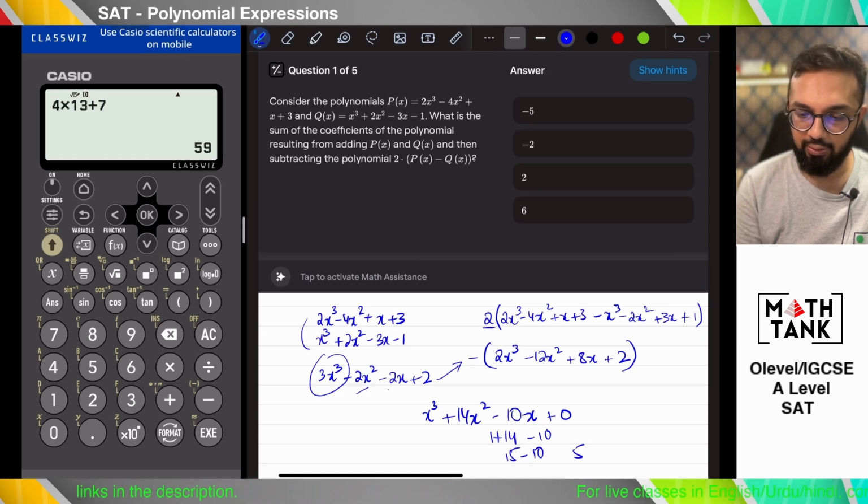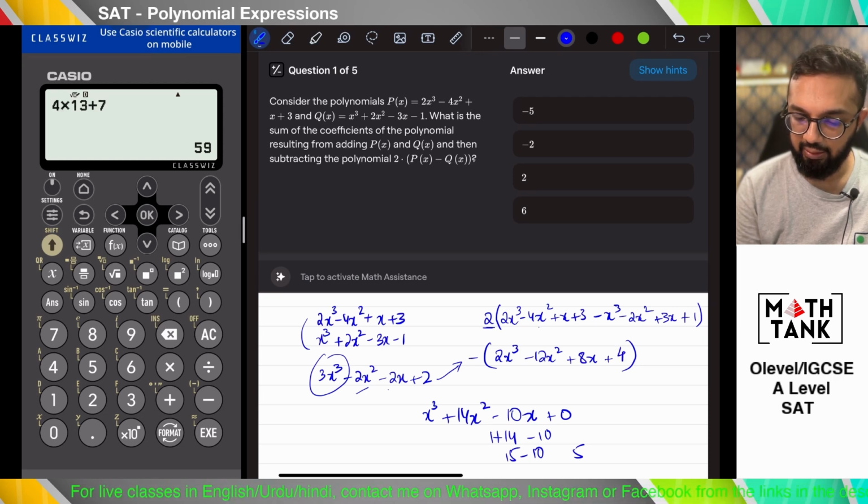So I get 2x cubed minus 4x squared minus 2x squared minus 6x squared, minus 12x squared. That's fine. Plus x and plus 3x because I'm subtracting, gives me 4x and net gives me 8x. Plus 3. Okay, that's where the mistake is. Plus 3 and plus 1 gives me 4.